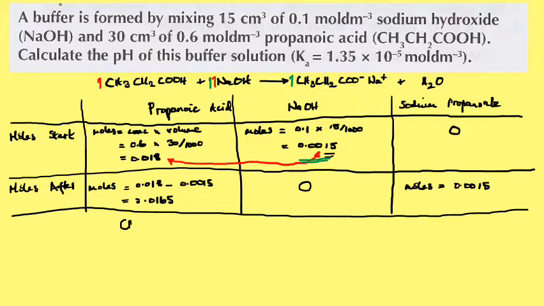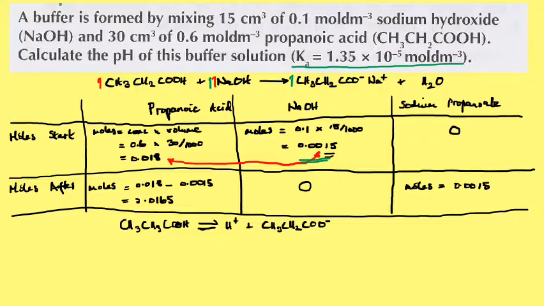So our equilibrium equation is, of course, our acid, propanoic acid, and that's going to dissociate into a hydrogen ion and a propanoate ion. And in the equation, of course, we are given our acid dissociation constant.